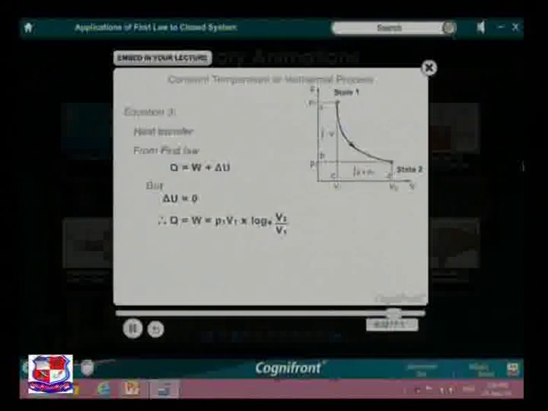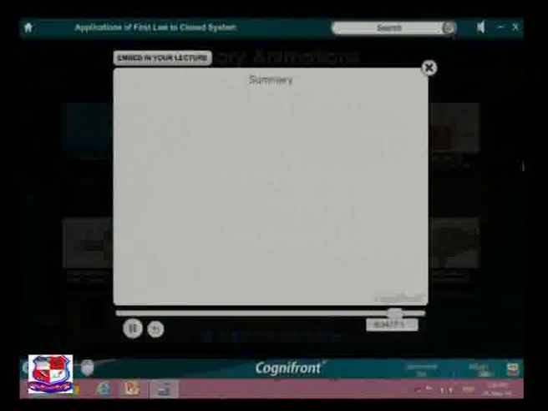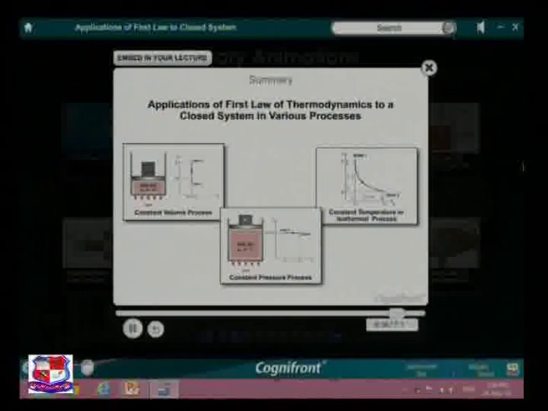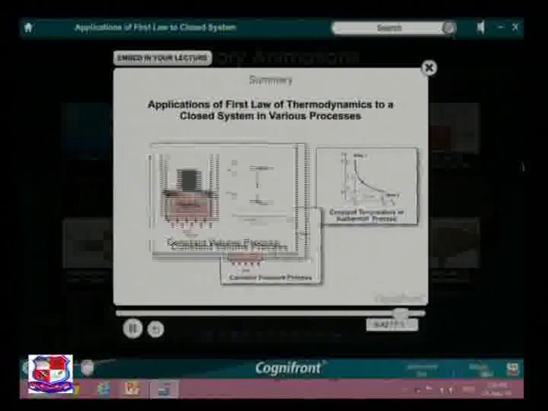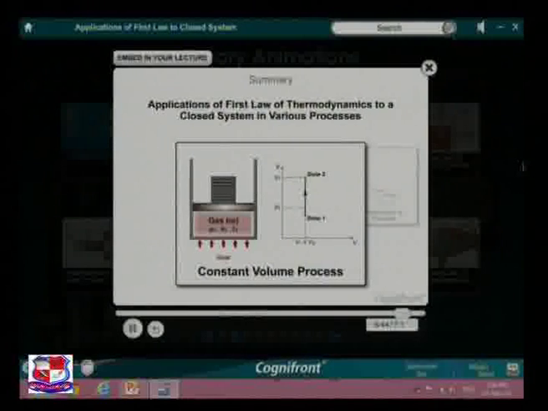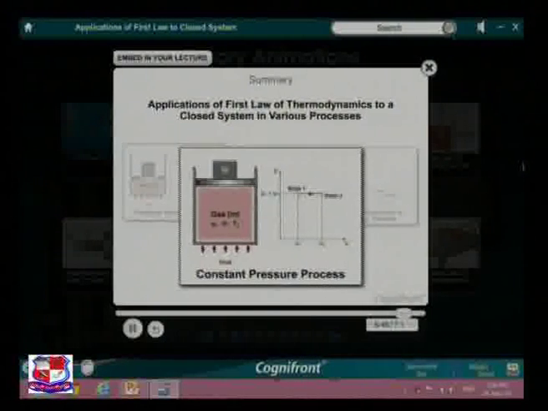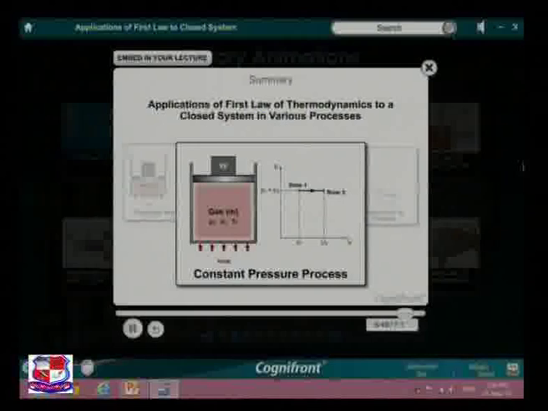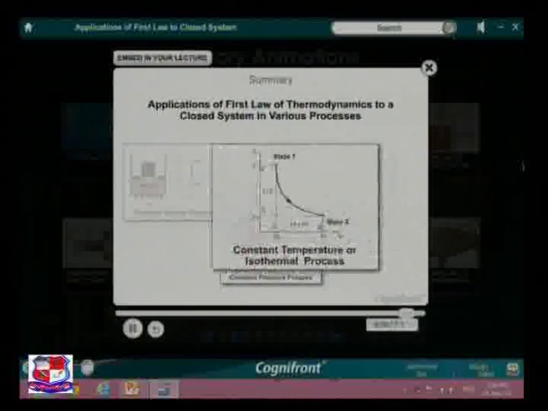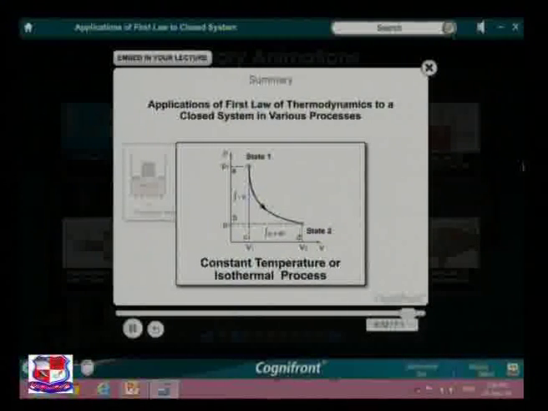Let us revise the topics covered in this session. We learned the applications of the first law of thermodynamics to a closed system in various processes such as constant volume process, constant pressure process, constant temperature or isothermal process.